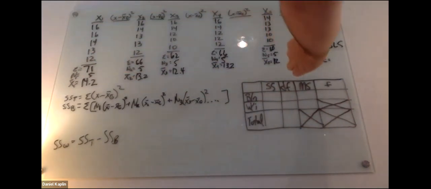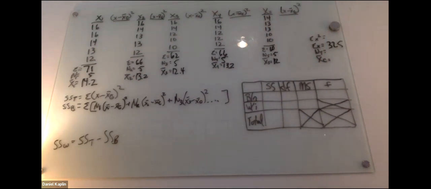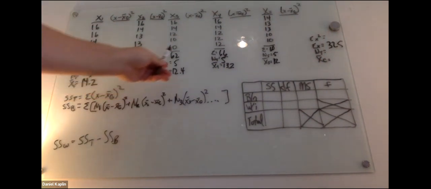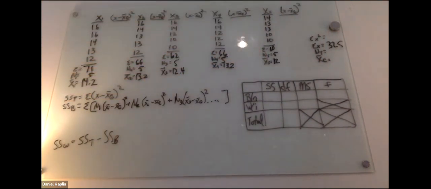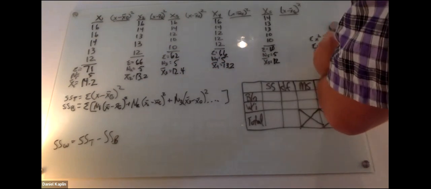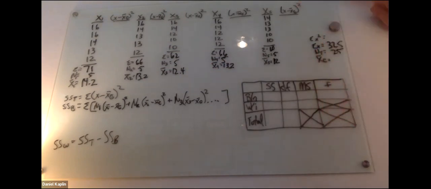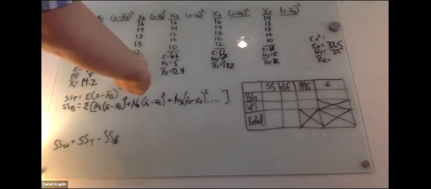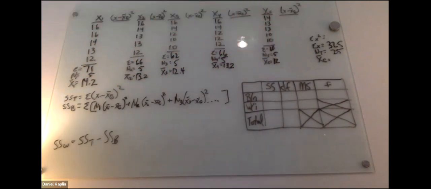Now my NT stands for N total. 5 plus 5 plus 5 plus 5 plus 5. There were 5 participants in each group, and there were 5 groups. So that becomes 25. So now, to get the grand mean, we could add all of these up and divide by 5, or we could just do 325 divided by 25.